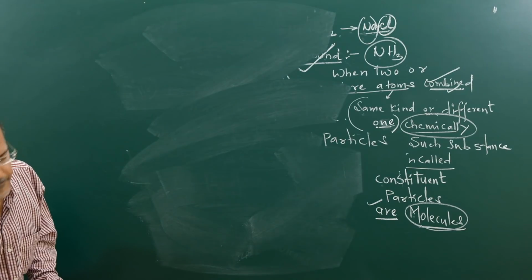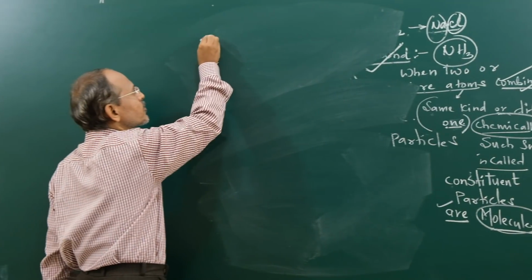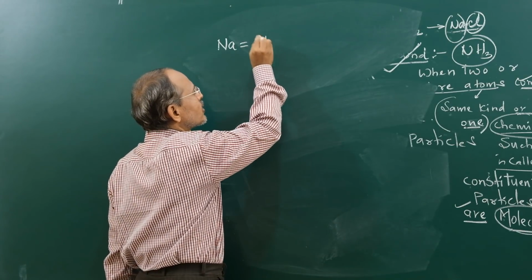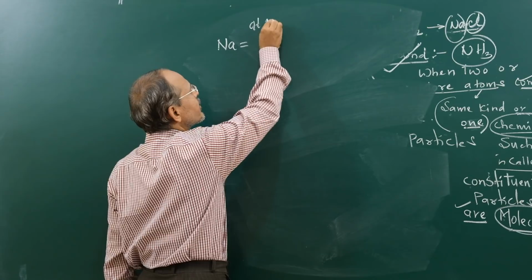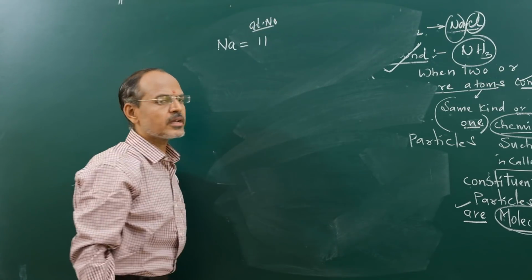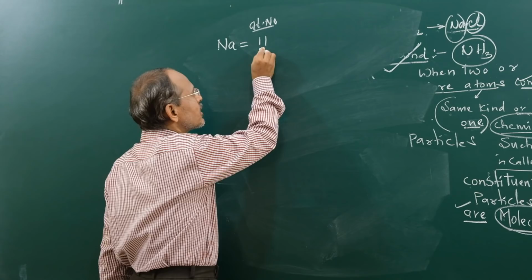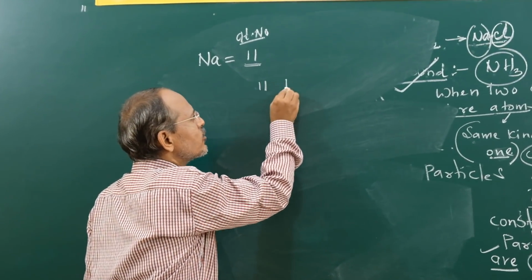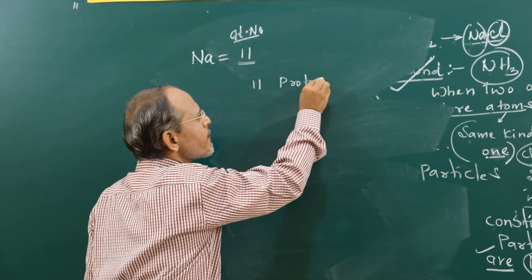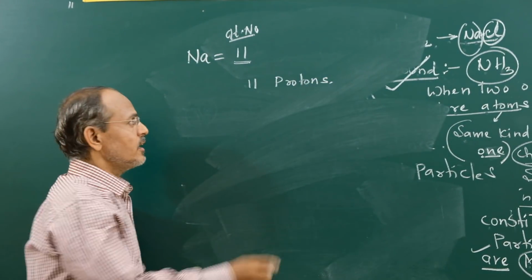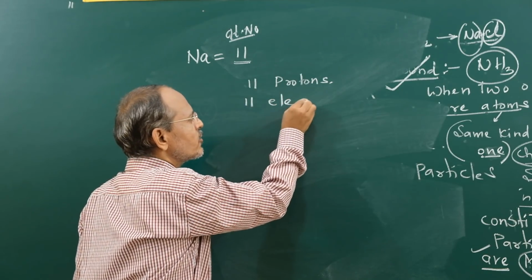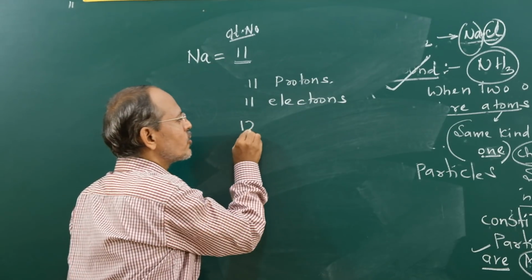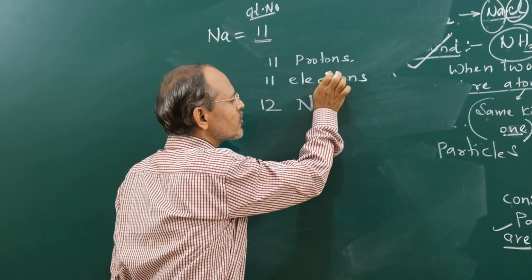If you take sodium, sodium's atomic number, later on I will tell you what atomic number is, is 11. That means it contains 11 protons, it contains 11 electrons, and it contains 12 neutrons.